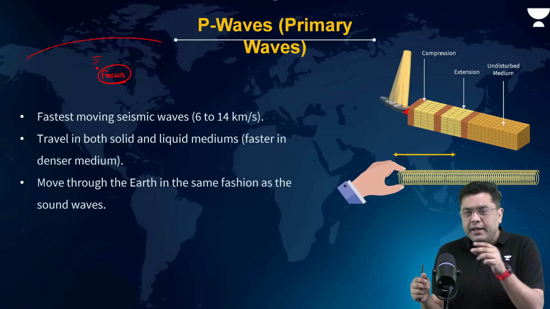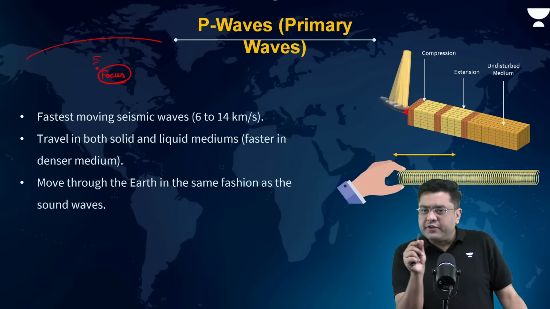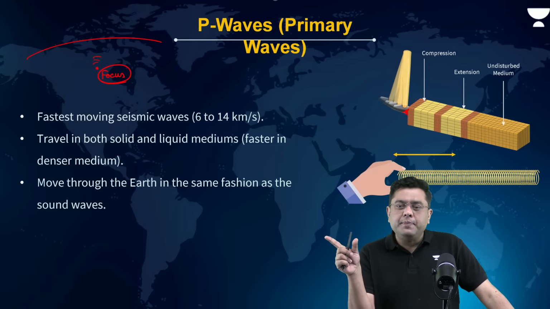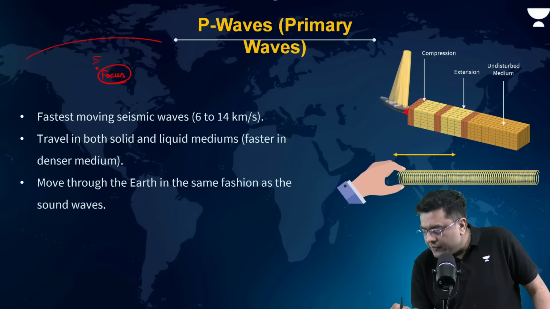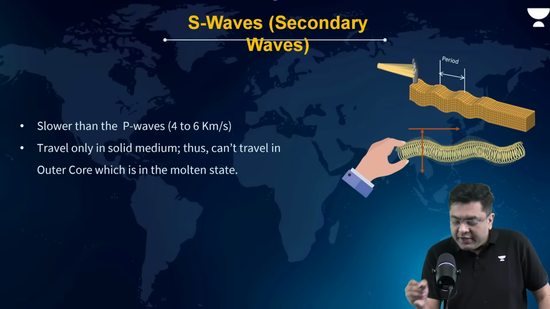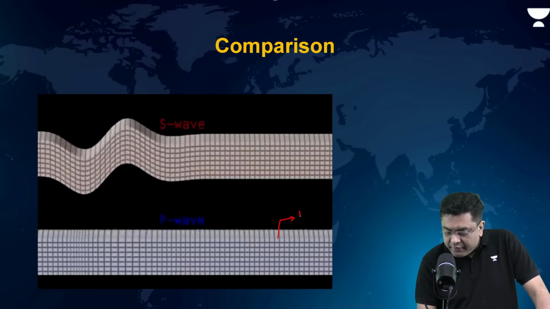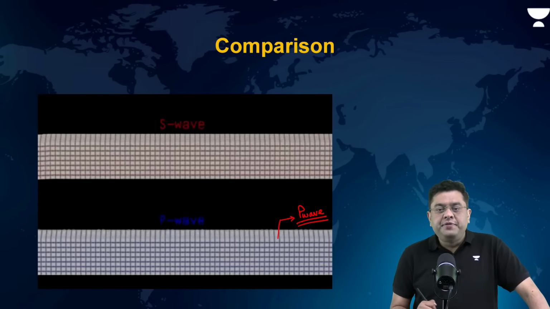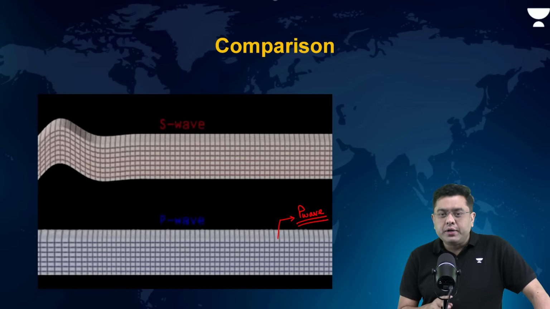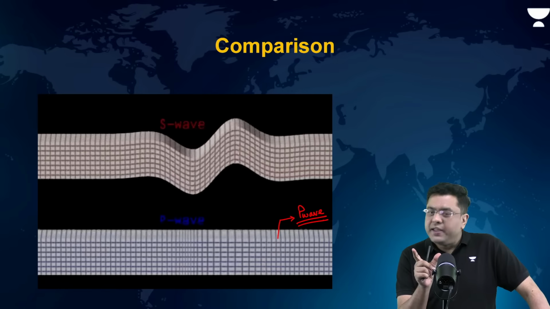Just like a spring, if you hold the spring and release it, there will be compression, expansion. So the movement of the particles will be compression, expansion, compression, expansion. If I show you the animation, this is your P wave. Observe the second one, second animation. Compression, expansion, compression, expansion. Isn't it?